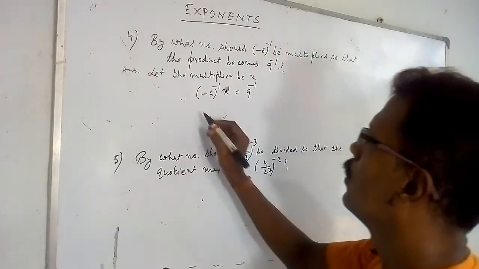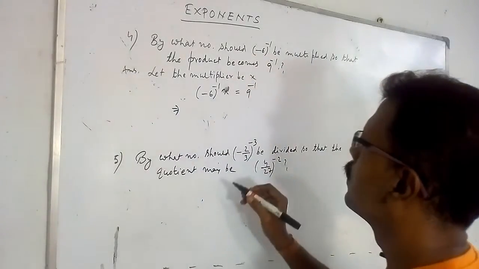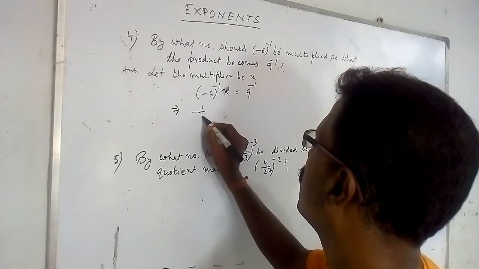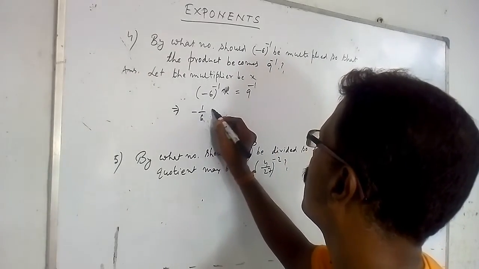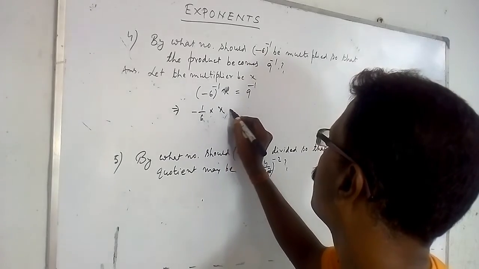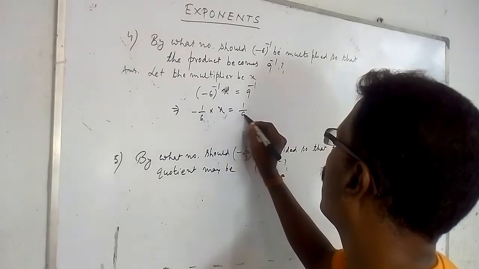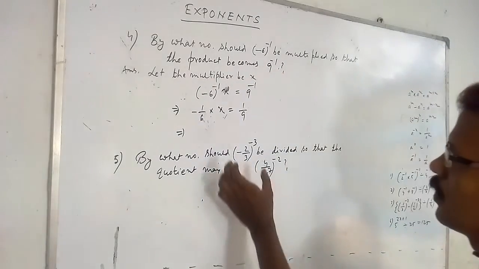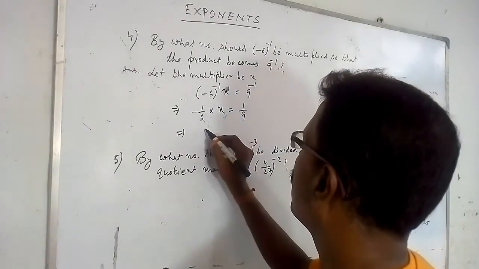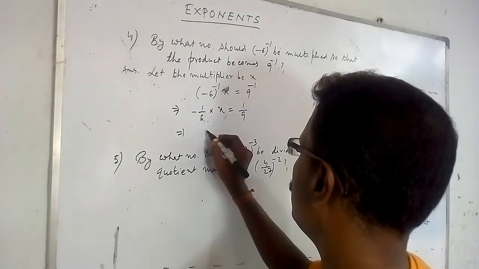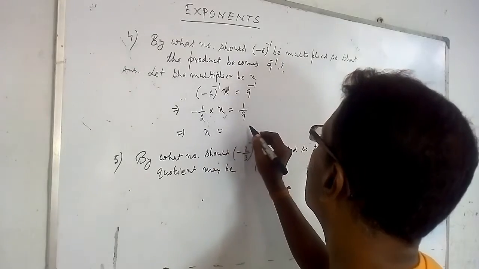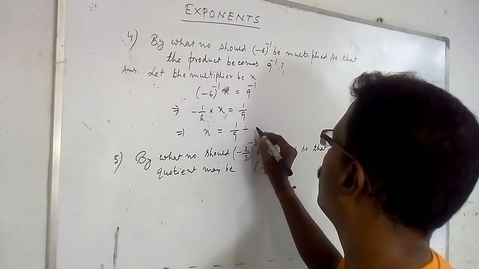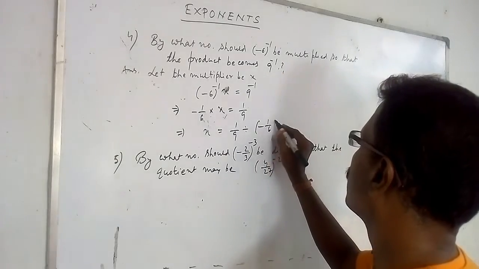This is your equation. Now solve for x. That is (-6) to the power -1, that means -1 by 6, into x is equal to 1 by 9. Now find the value of x. x is equal to 1 by 9 divided by -1 by 6.